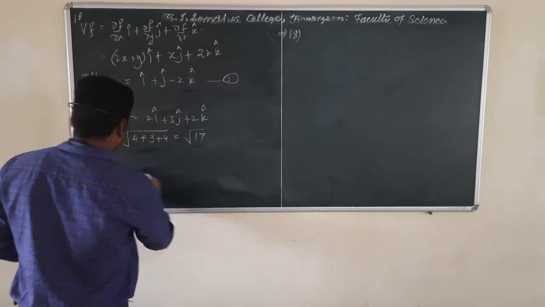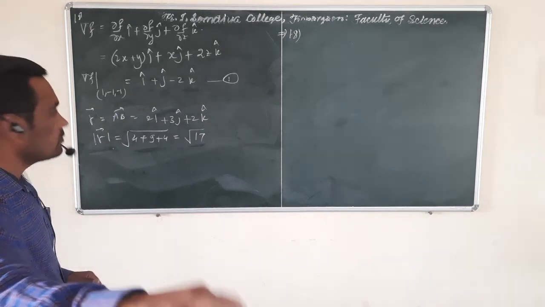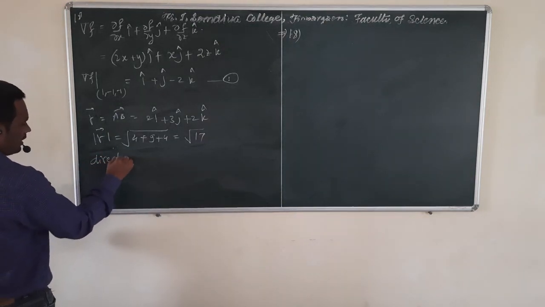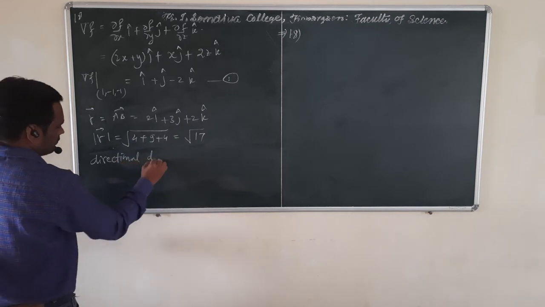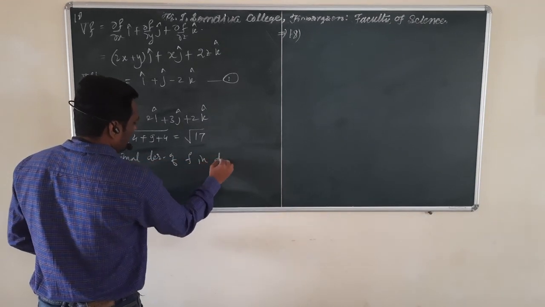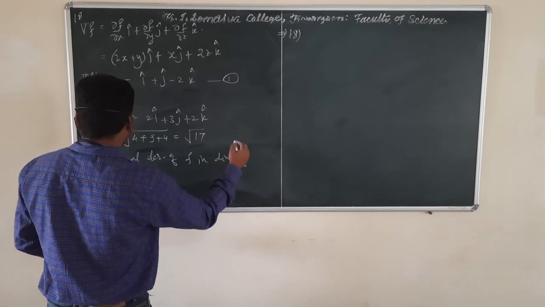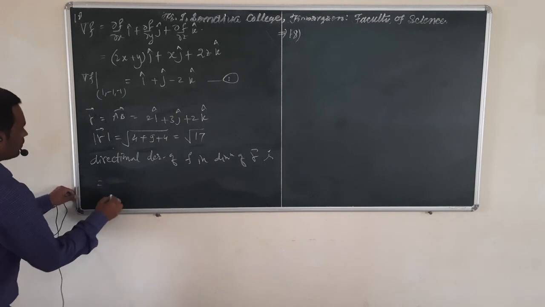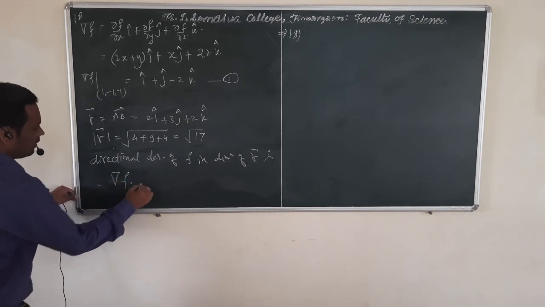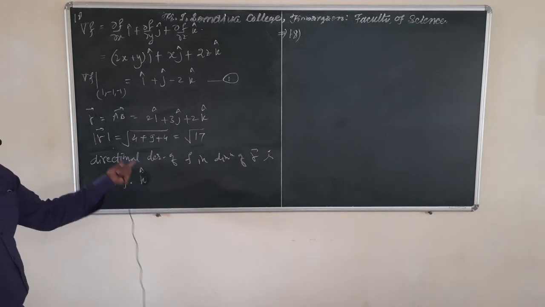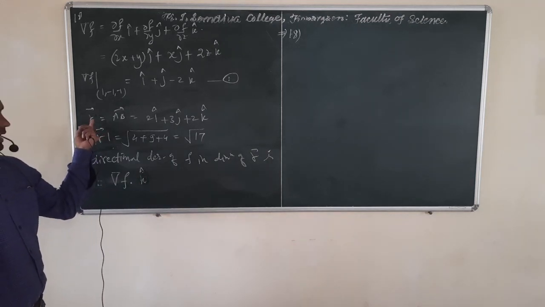The directional derivative of f in the direction of vector r is the gradient of f dotted with n cap, and n cap is the unit vector in the given vector direction.